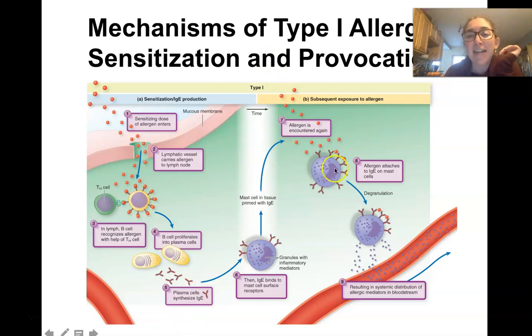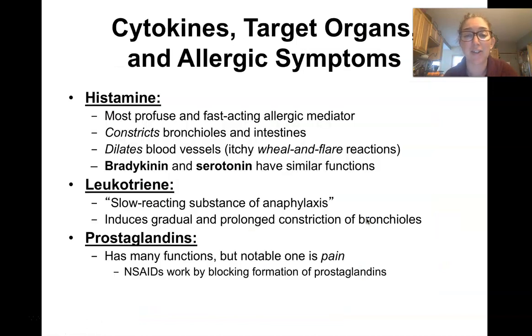Then any subsequent exposure to that allergen binds to these IgE antibodies on the mast cells, and it triggers the mast cells to release all of those cytokines, those granules. And all of those chemicals result in the presentation of allergic reactions.